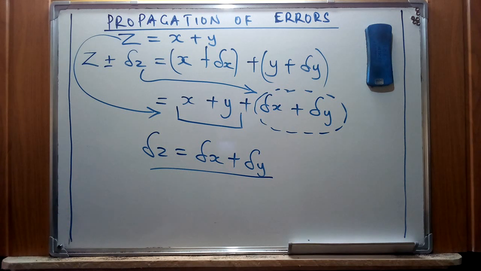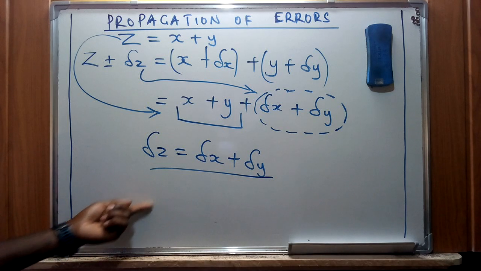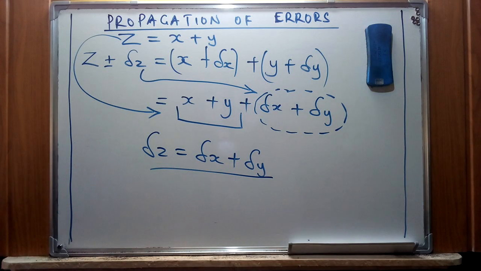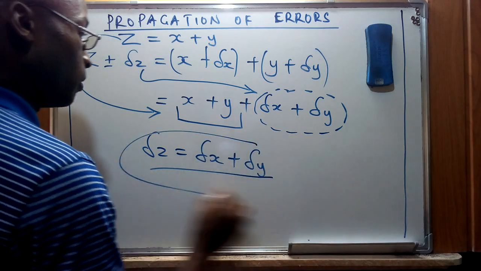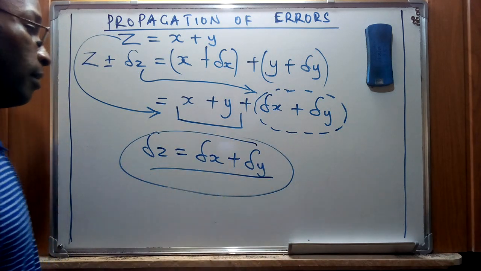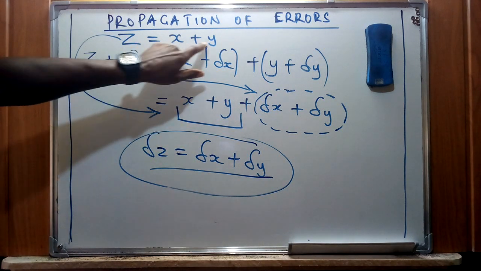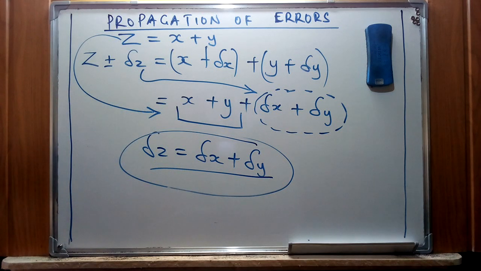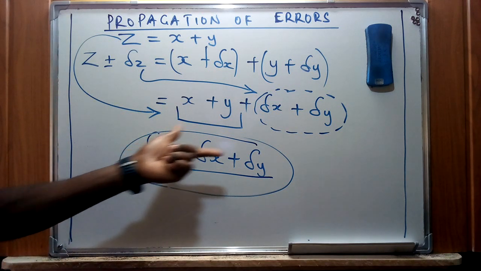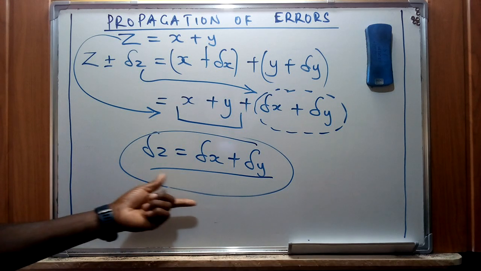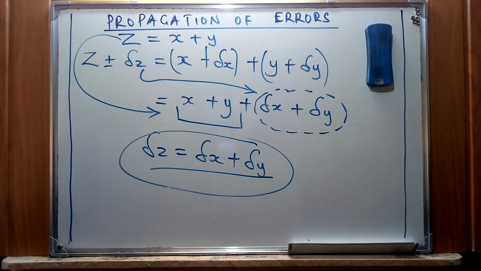The determinate error in the sum of two quantities x and y is the sum of the errors in those quantities.